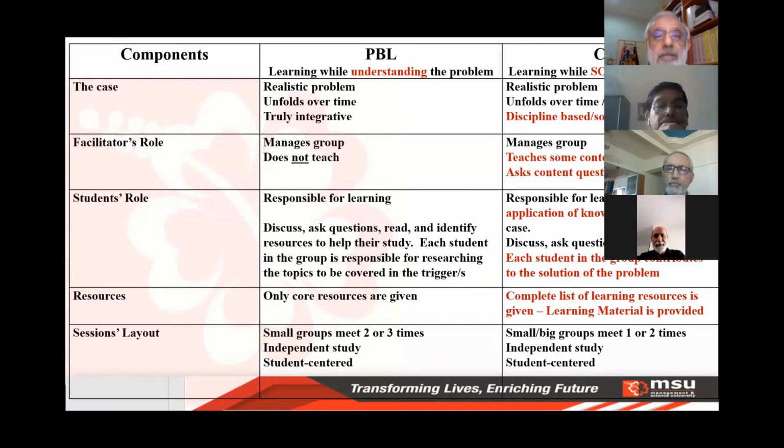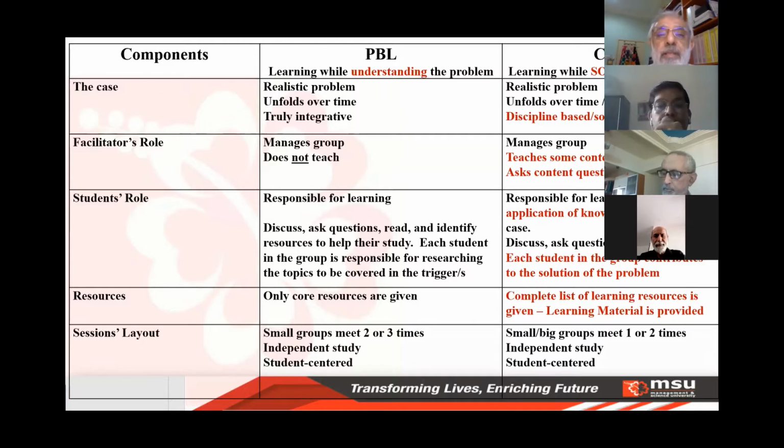Because most of the participants are familiar with PBL, it is easier to describe or compare PBL with CBL, so that it's easier to understand. And the difference would help us to really learn the concept of case-based learning.